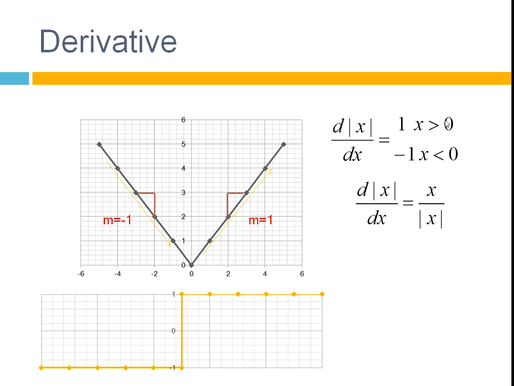And if you look at these, it should be immediately obvious. If you've got a positive value of x, you'll just have x divided by x, which is 1. Whereas if you've got a negative value, you'll put in minus x, and the bottom, the absolute value, will make that positive, so you get minus x divided by x, which is minus 1.